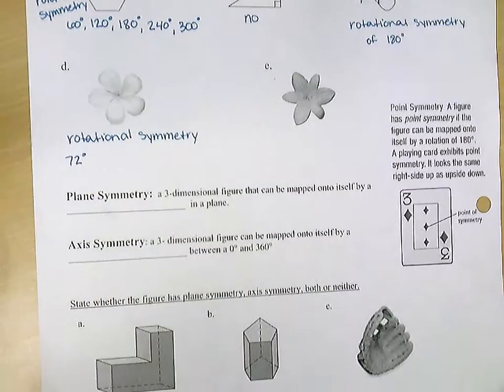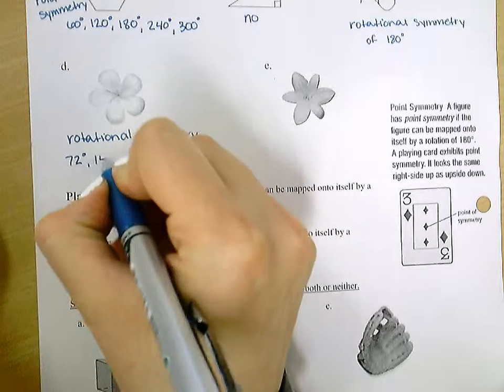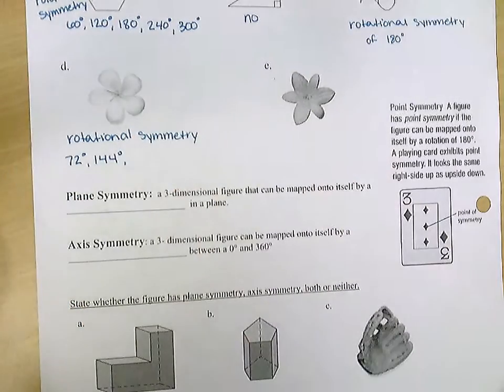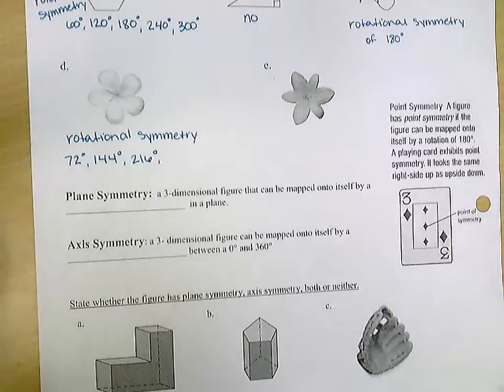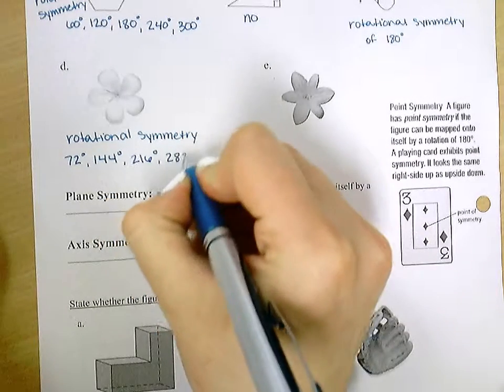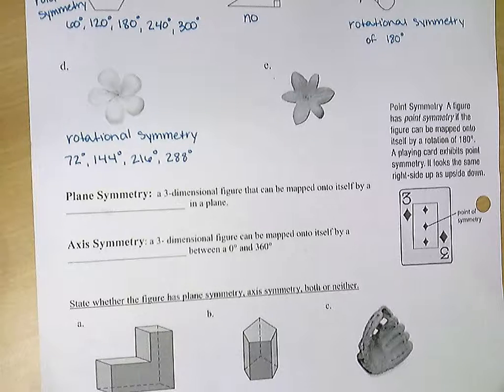It does have rotational symmetry of 72 degrees, 144 degrees, 216 degrees, and 288 degrees. Okay, so you had 5 different sections, so take 360, divide by 5.